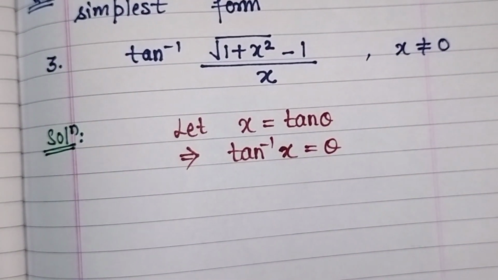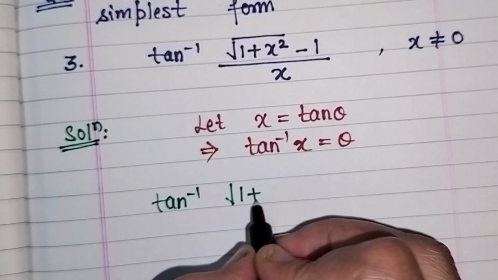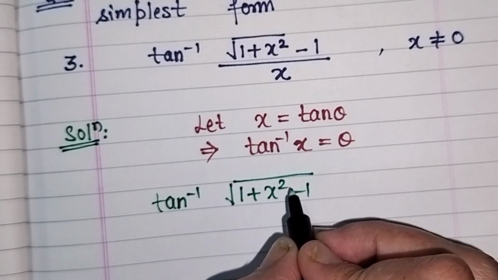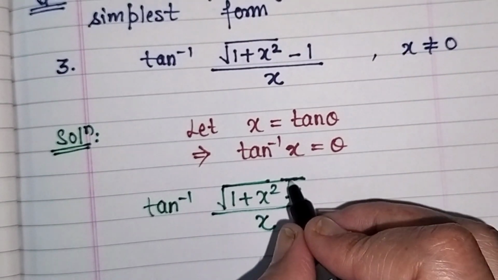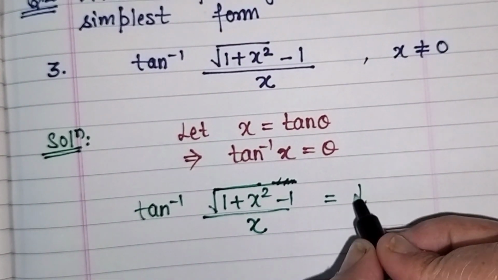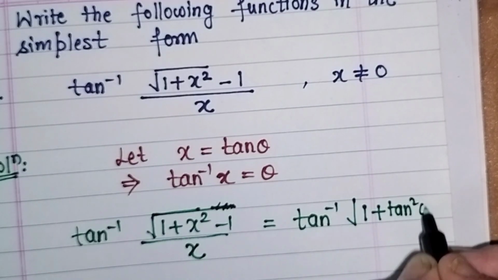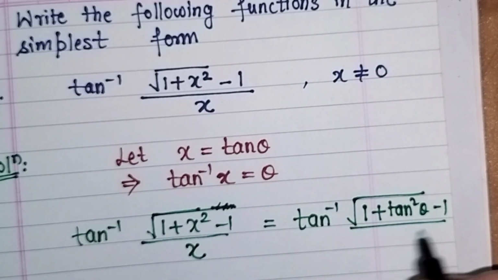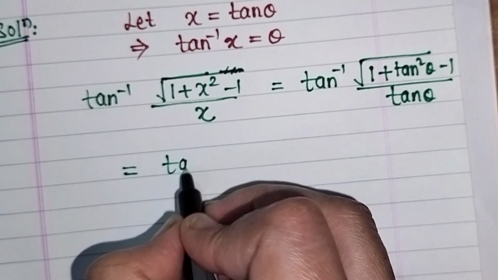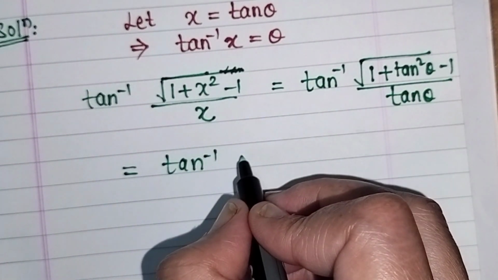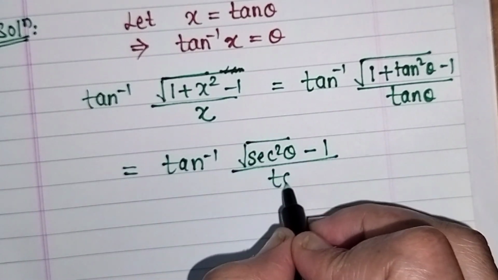Now let's take the question. So you have tan inverse under root 1 plus x square minus 1. I'm sorry, this is only this under root, not here, upon x. Okay, so this is equal to tan inverse under root 1 plus tan square theta minus 1 upon tan theta. So you can write this as tan inverse, now 1 plus tan square theta, as I said, is sec square theta, minus 1 upon tan theta.